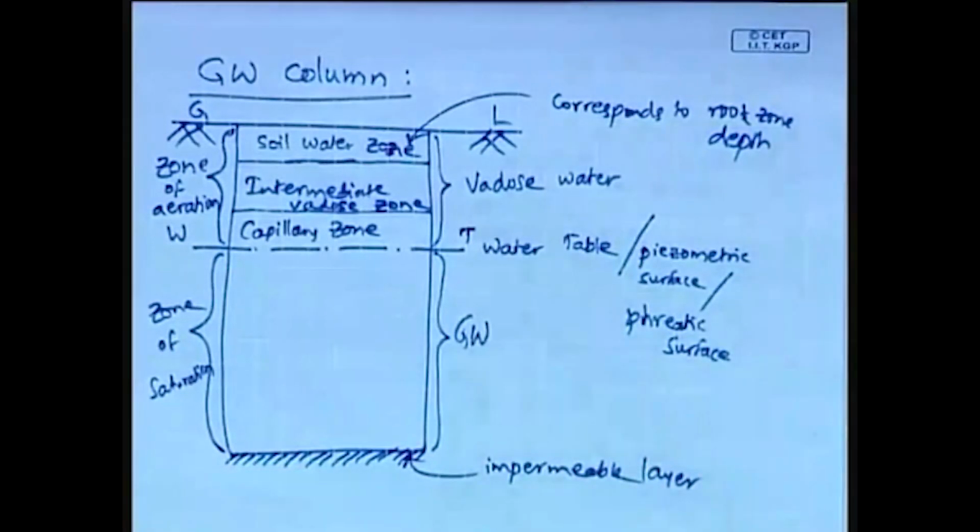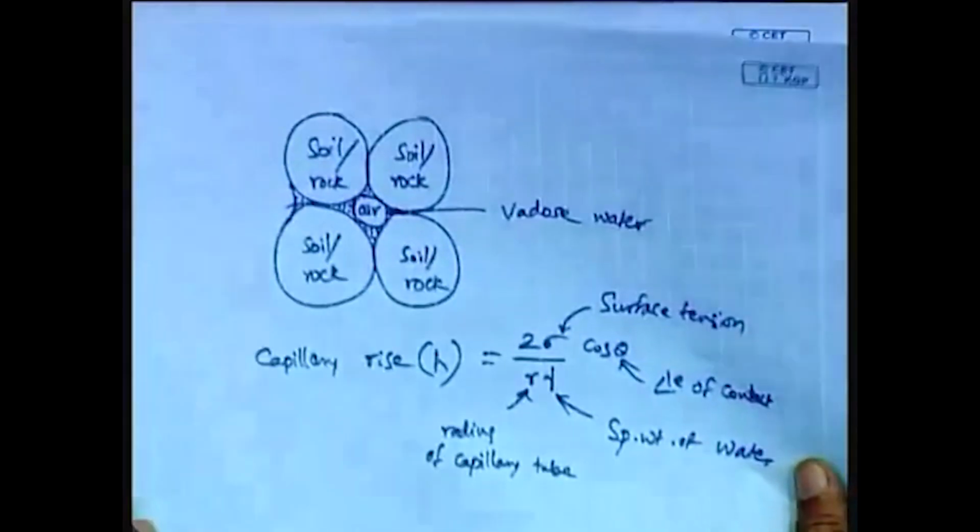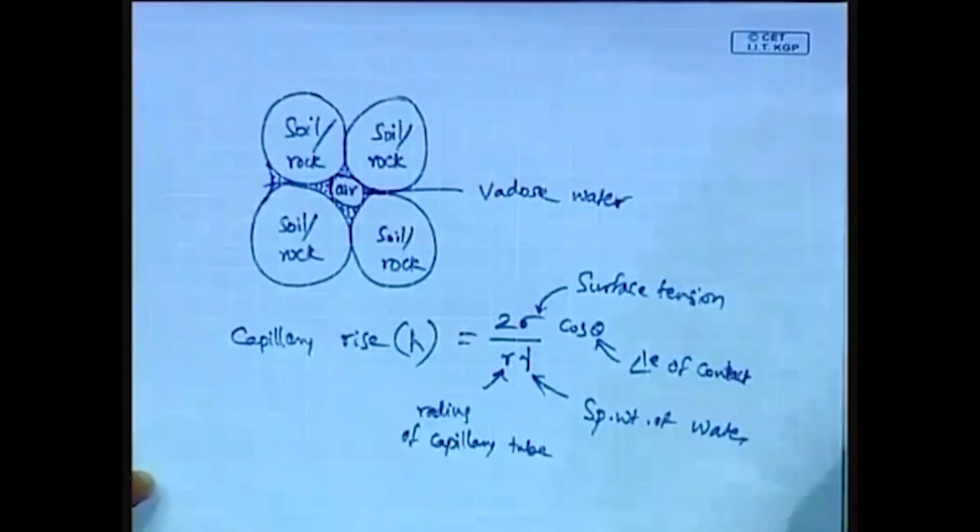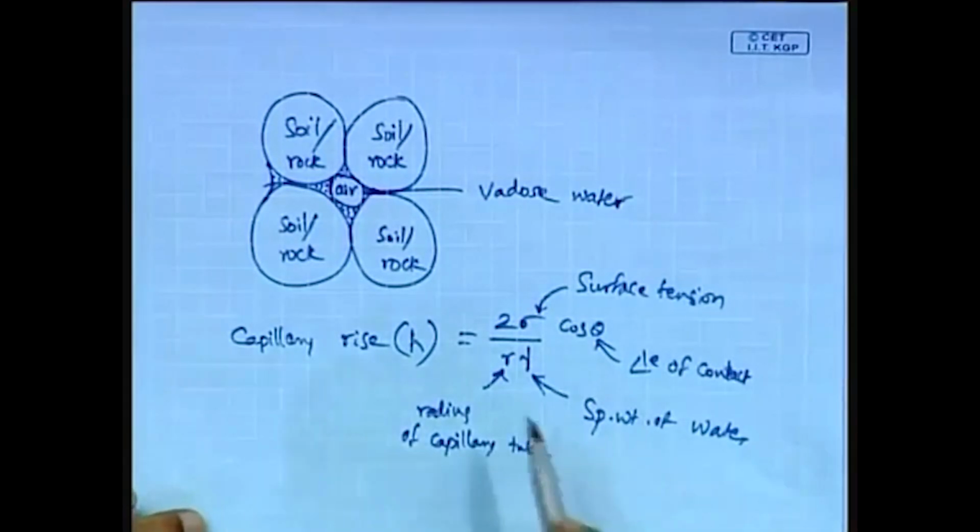And we also discussed how, in the zone of aeration, the water is held, which is basically in the intermediate zone, which is the Vadose water.